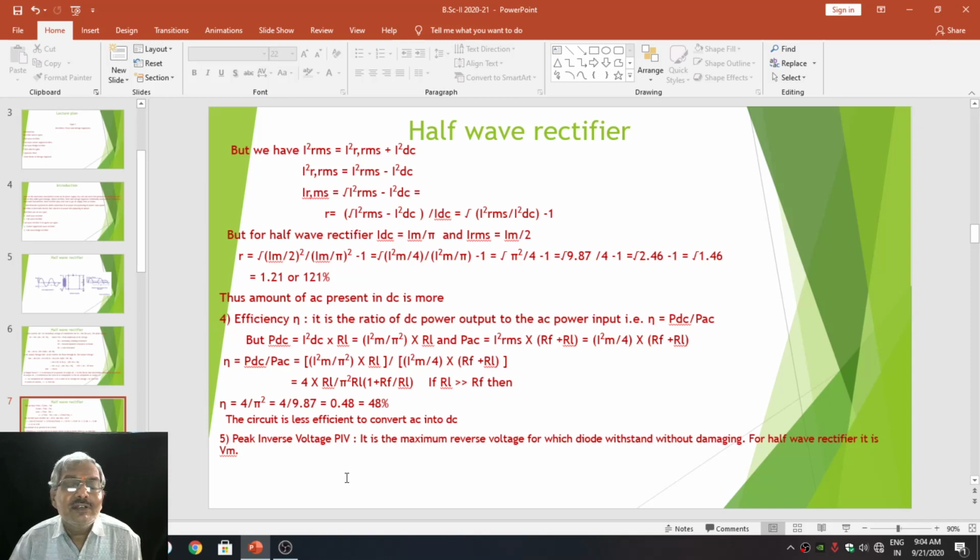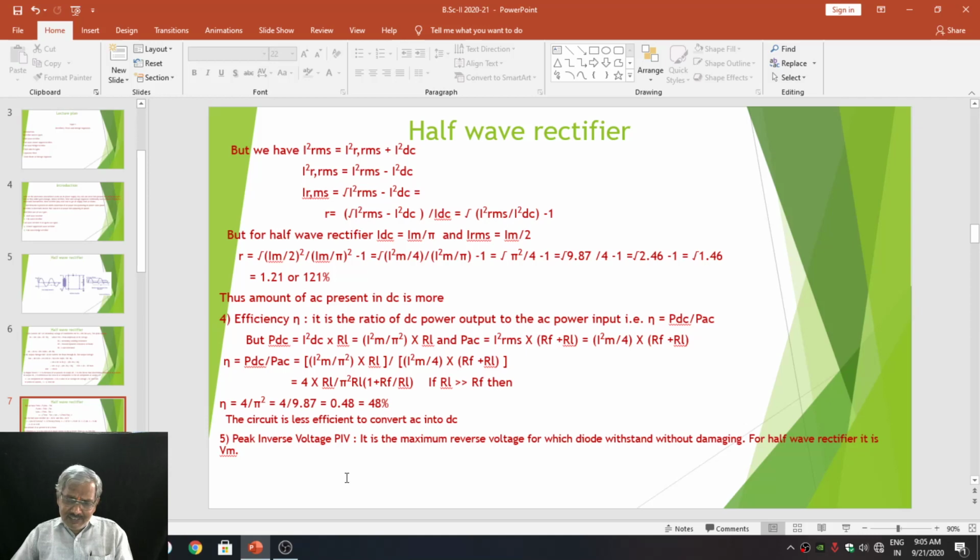Just for your revision purpose, in this particular period we have studied the construction and working of half wave rectifier along with circuit diagram, waveforms, and also the derivations that make us aware of the values associated with DC current, DC voltage, ripple factor, efficiency, and peak inverse voltage.